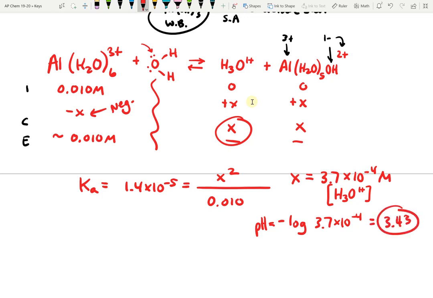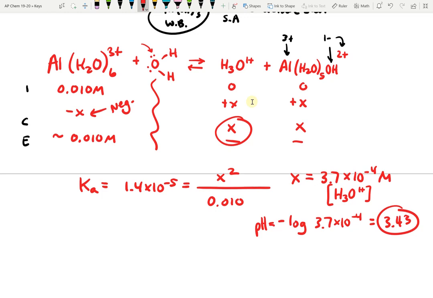So not only is aluminum as a metal ion able to act as an acid according to the reaction that we have here, it's quite effective at it. I mean, this is a pretty weak solution, right? 0.010, that's not especially strong. And it's giving us a pH of 3.43, which is a relatively low pH, right? That's far lower than the pH of many common things that we consume and work with on a regular basis.